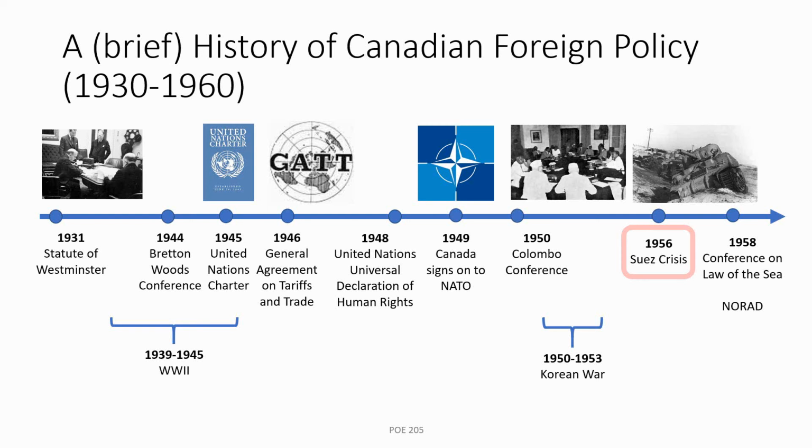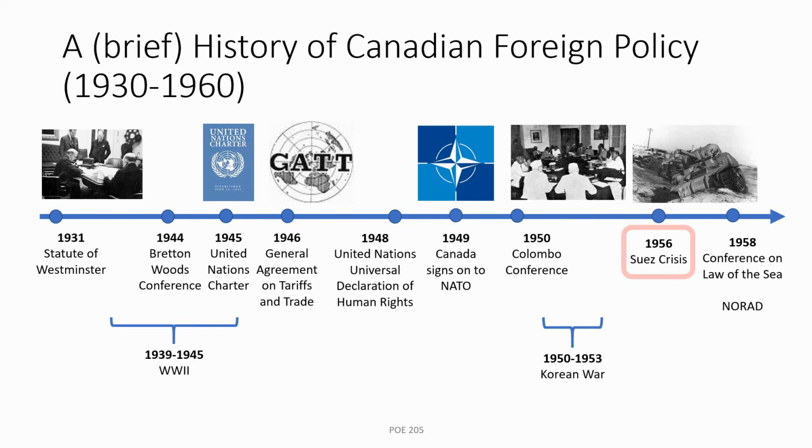So Saint Laurent says to his external affairs minister, Lester B. Pearson, who goes on to become prime minister eventually, can you go in and help find a solution? And so Pearson comes up with this peace plan that suggests that the United Nations have an emergency force that can be deployed. The idea is that this force will be under Canadian command and will be comprised of neutral states that are not directly involved in the conflict.